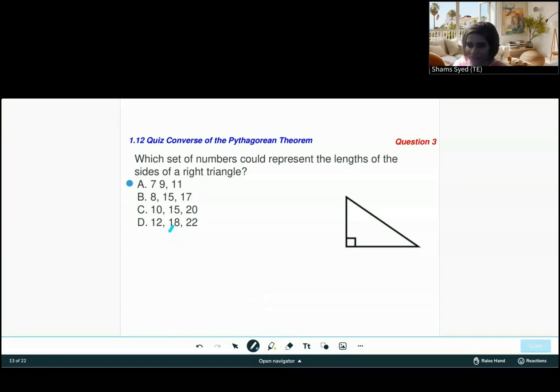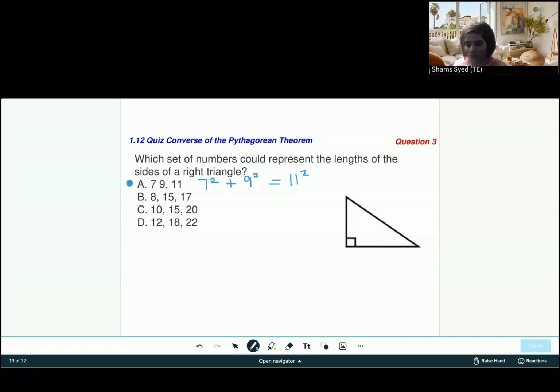In the calculators, we want to put in 7 squared plus 9 squared, and check, does that equal 11 squared? I will do these answers in the calculator for you, and we will be able to figure it out.